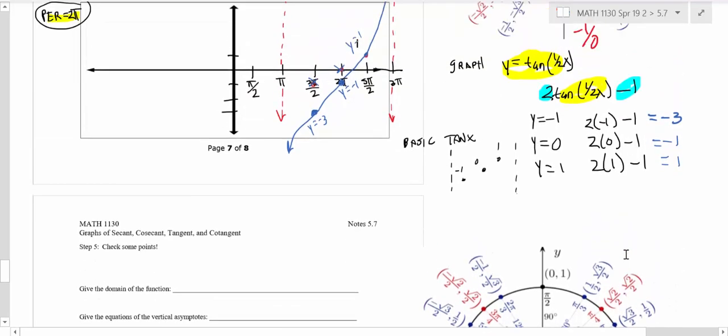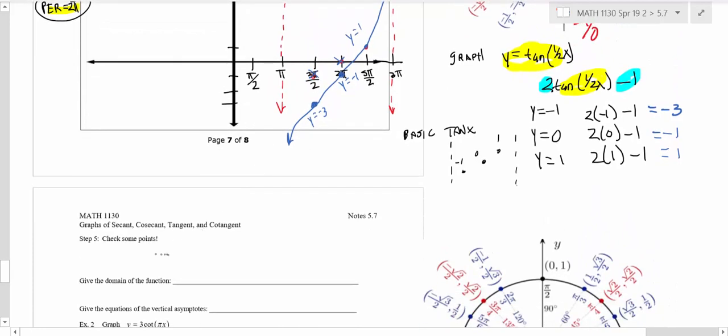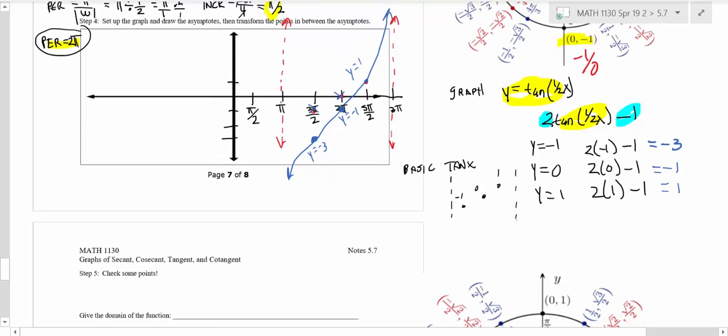With this one then, you can check points anytime you want to. I'm not going to spend time on that, but you can plug in basically any of these points on the x-axis into the entire function and see if it's right. Anyway, the asymptotes are at pi, 3 pi, 5 pi, and so forth.